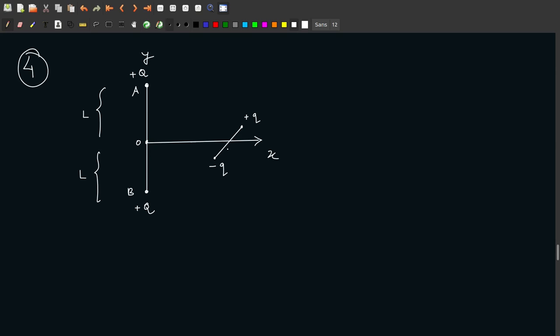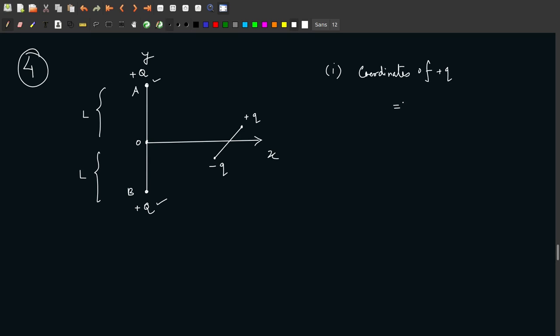So the axis of rotation points along the z direction, and the first part of the problem asks you to find the constraints of motion and hence find the degrees of freedom. Your system is actually these two charges, because the other two are fixed. So your system under consideration is these two charges, plus small q and minus small q.